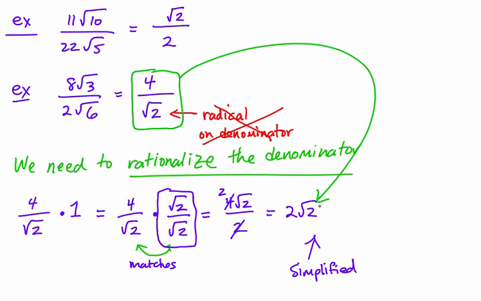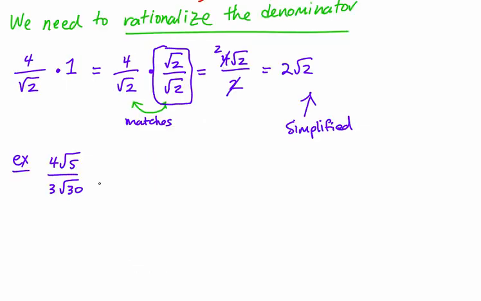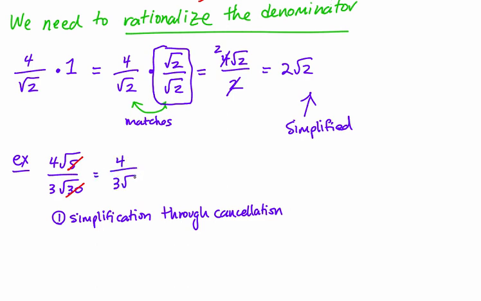Let's take a look at another example of this. 4 root 5 over 3 root 30. So my first step is to see if there is anything that can cancel. Let's see if there's any simplification through cancellation. And so 4 and the 3 can't cancel, but this 5 and this 30 can cancel, so I get the square root of 6 on the bottom, which gives me 4 over 3 root 6.